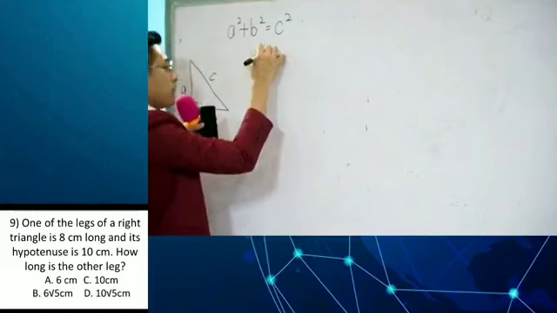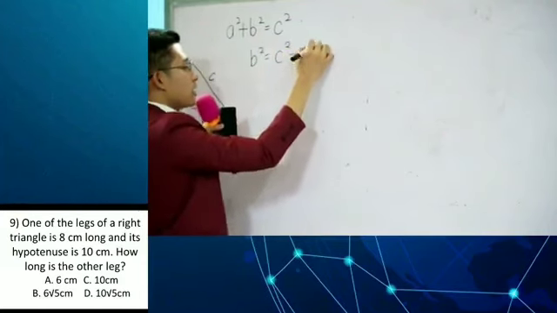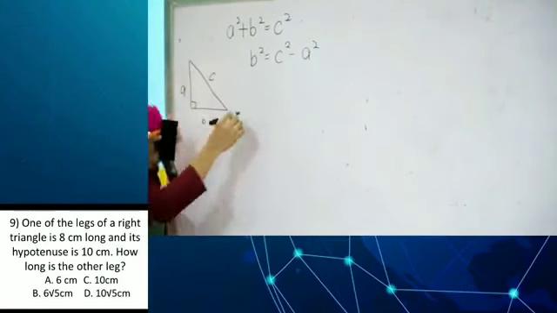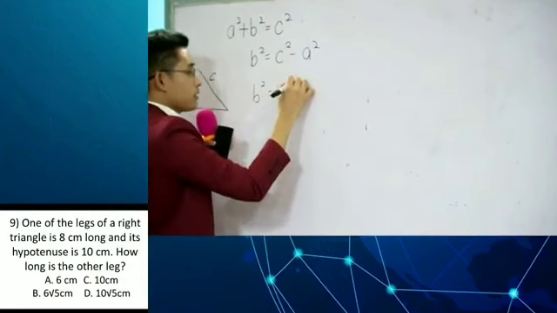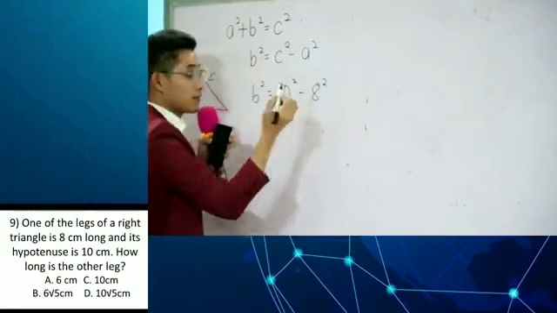Para hindi kayo malito. So, for our problem, we are asking for the length of the leg. So you're going to derive the formula for this. So b squared is equal to c squared minus a squared. This is for the leg. Okay? So b squared, what is our hypotenuse? 10. Minus the other leg, which is 8. So 8 squared.